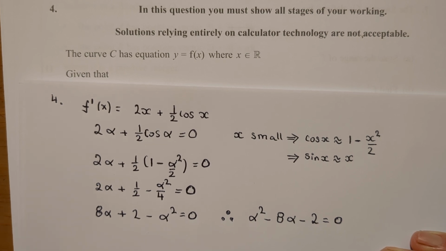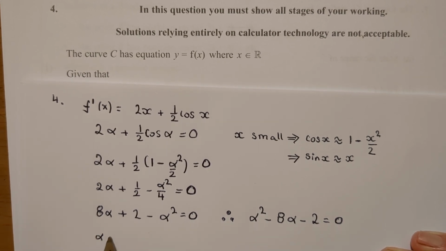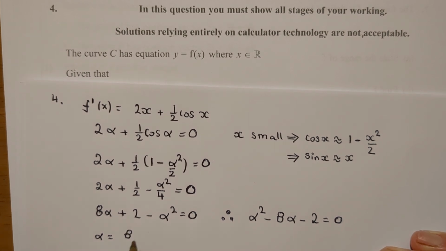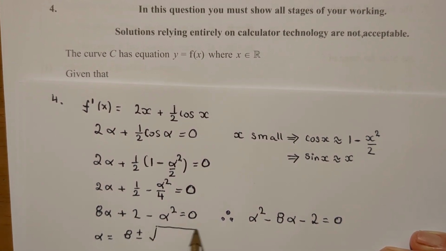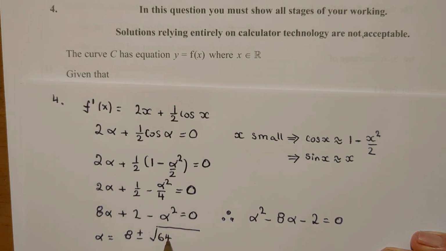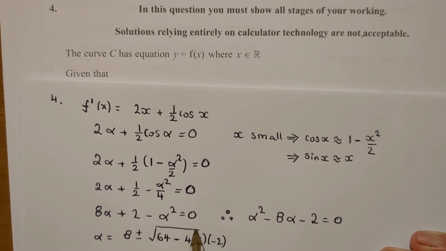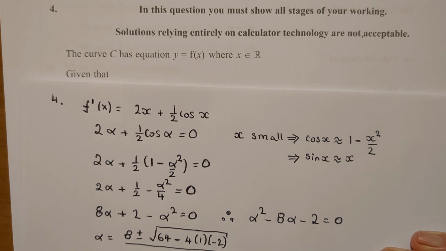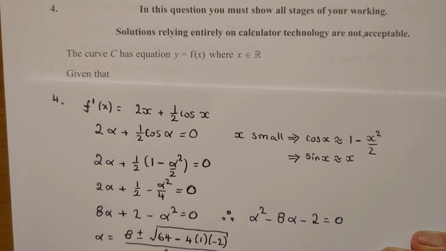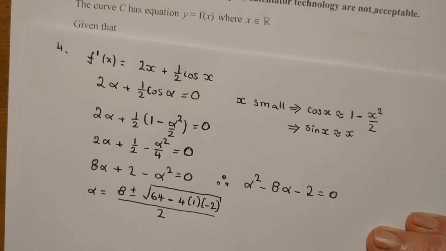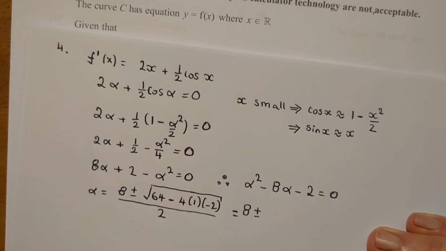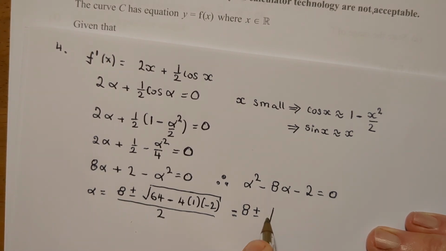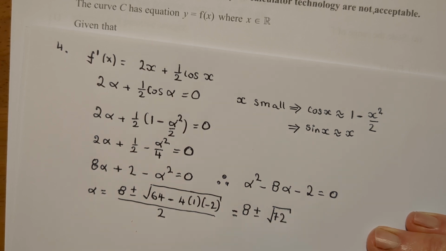And now we solve this quadratic equation. So alpha will be 8 plus or minus the square root of 8 squared, which is 64, minus 4 times 1 times minus 2, all divided by 2. That gives us 8 plus or minus the square root of 64 plus 8, which is 72, all over 2.